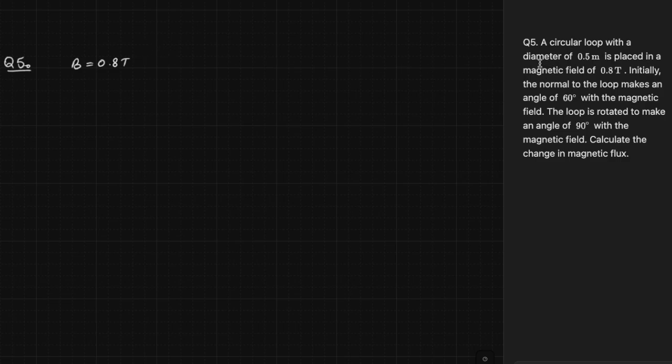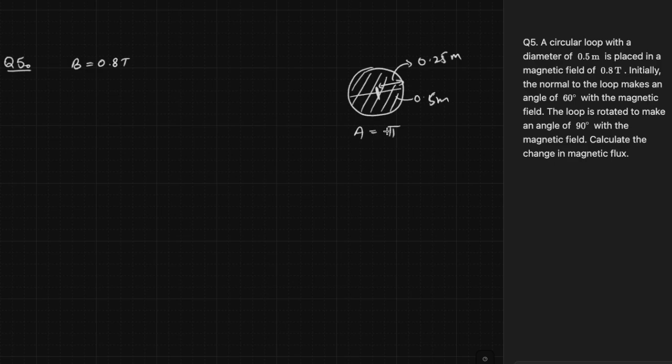One more thing, the diameter is given to us. So here is a circular loop and the diameter is given of 0.5 meters. If we want to calculate the radius, we just need to divide 0.5 into half, which will be 0.25 meters. Now we can calculate this area using the circular area formula.